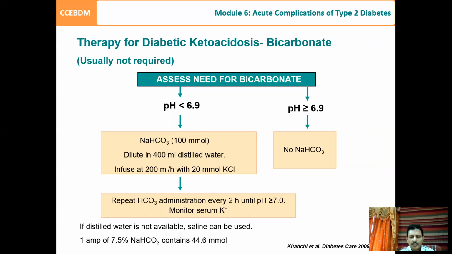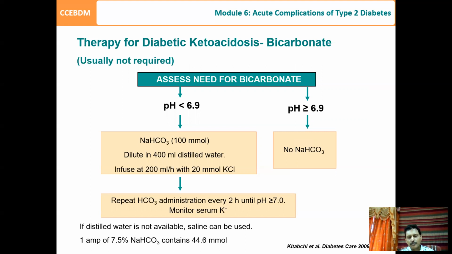So 80% of 48 is roughly around 40 units. Now this 40 units of insulin is to be divided into a basal bolus regimen.